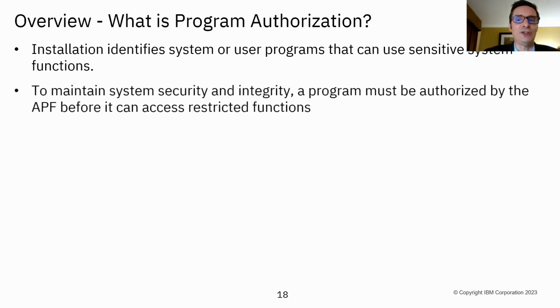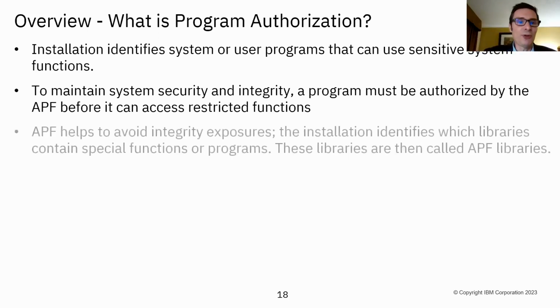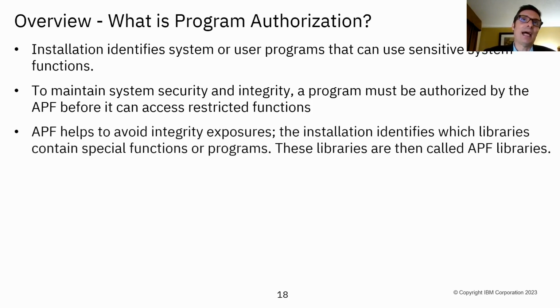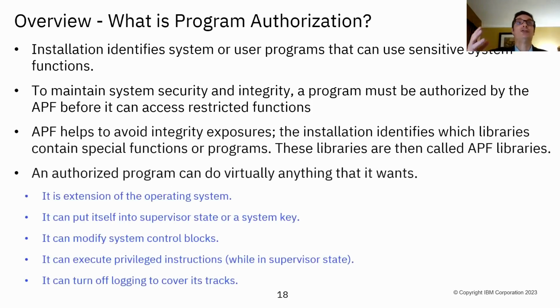The way they do that is that you need to be authorized in something called the APF list, the Authorized Program Facility. An application is listed in this particular list of data sets. Applications in these data sets are given special authority, and that special authority allows them to basically do whatever they want.